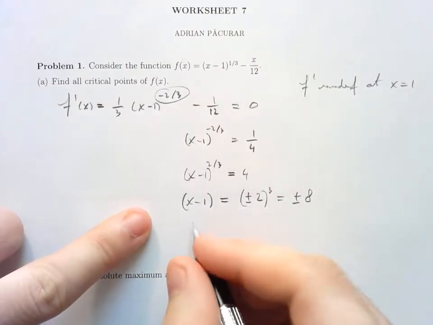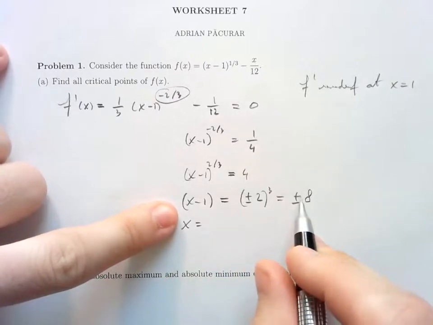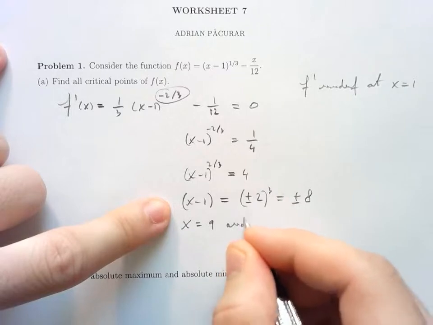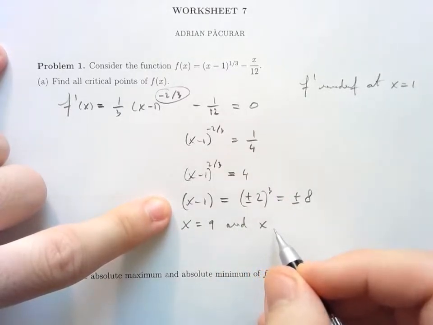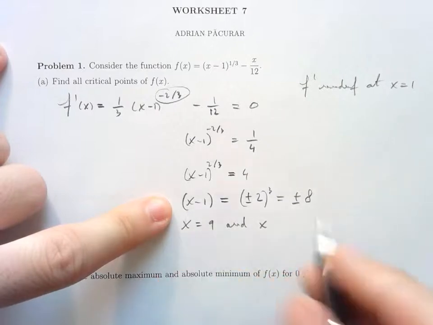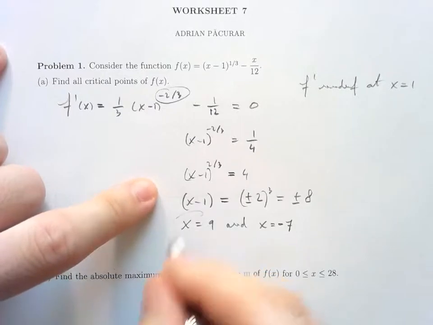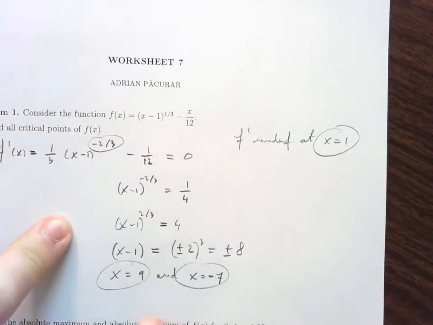And then I just move the 1 to the other side, so x is equal to, if 8 is positive, 9, and the other solution is, if 8 is negative, I add 1, minus 7. So here are the three critical points: 1, 9, and negative 7.